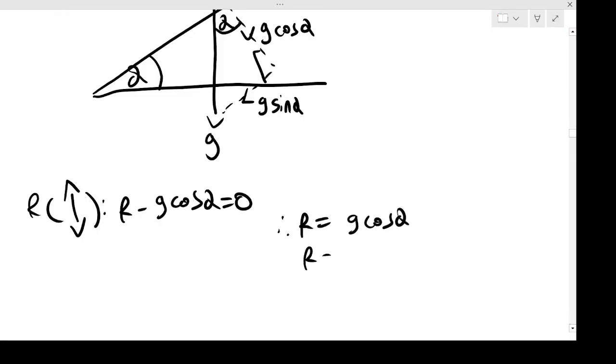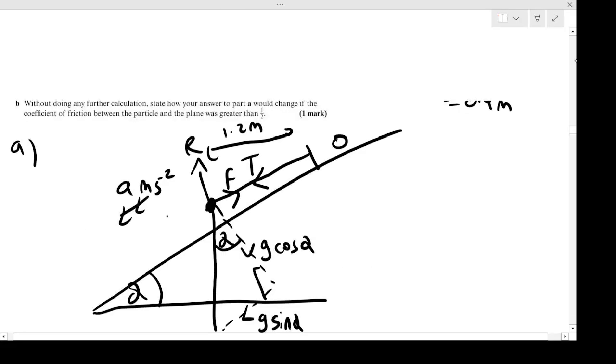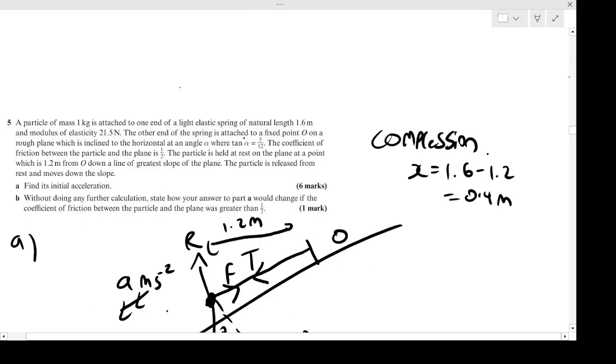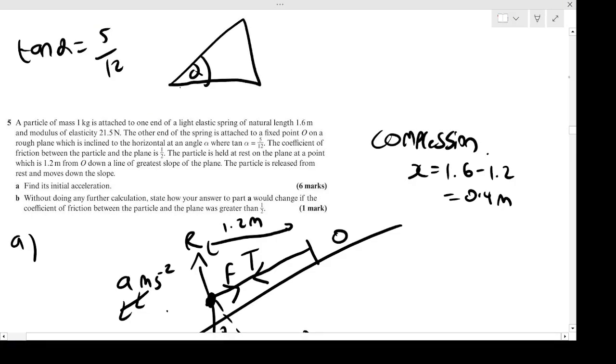So the reaction force R is 9.8 times cos alpha. Now we can work out an expression for cos alpha because we know that tan alpha is 5/12, which means if we do a little triangle, the opposite side has to be 5 and the adjacent has to be 12. Then with a bit of Pythagoras, 12 squared and 5 squared, the hypotenuse is 13.